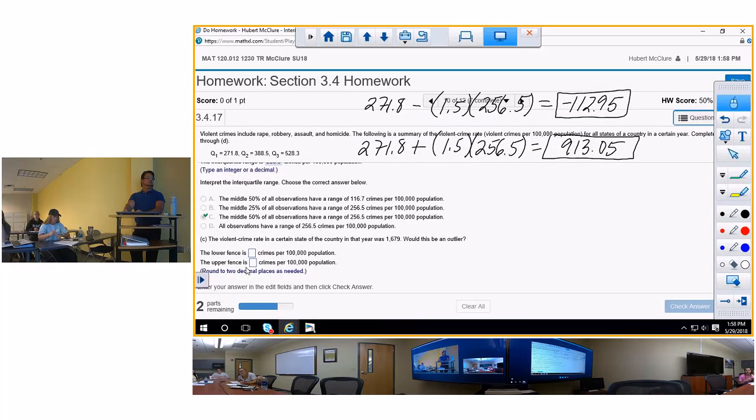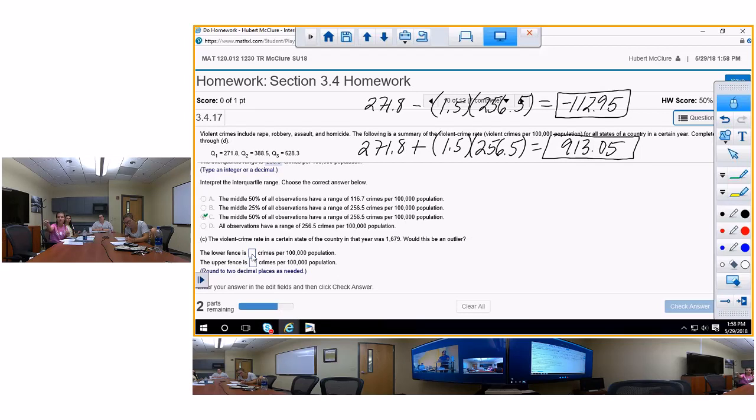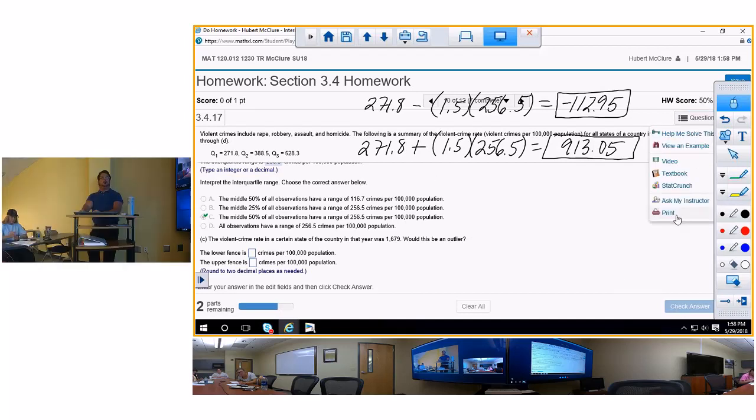Wasn't it supposed to be Q3 on the second one instead of Q1? Probably. Hold on, let me look. Okay, sorry. So the second one should have been 528.3. Thank you. Where did I mess up? 278 on the left.